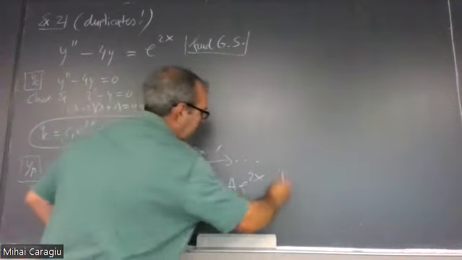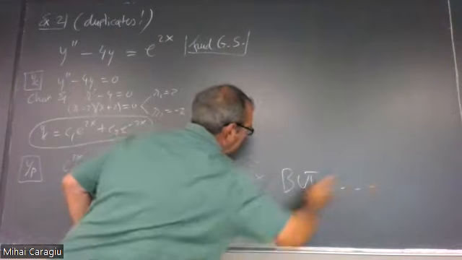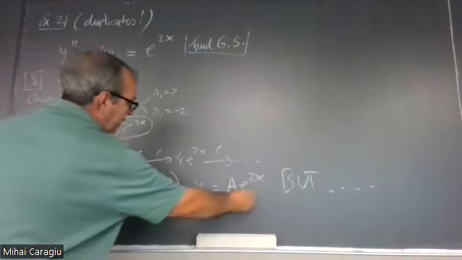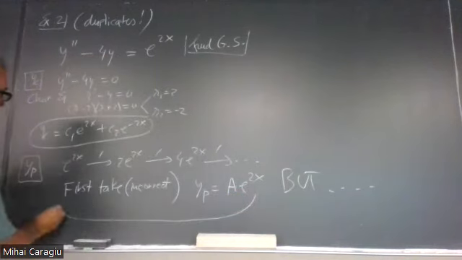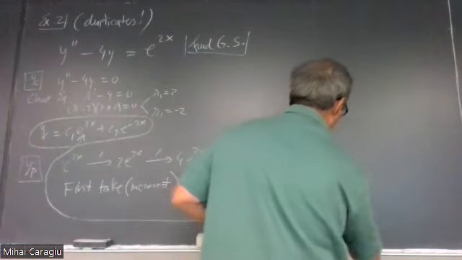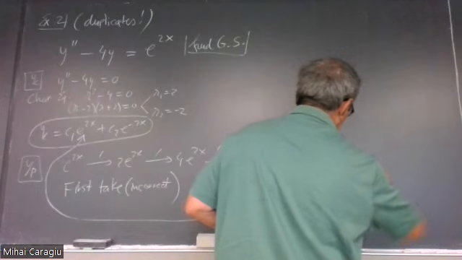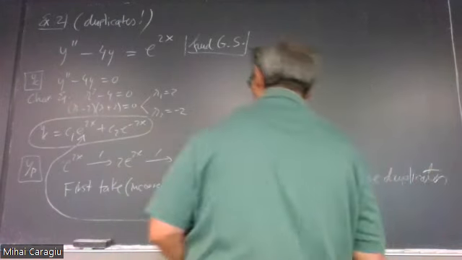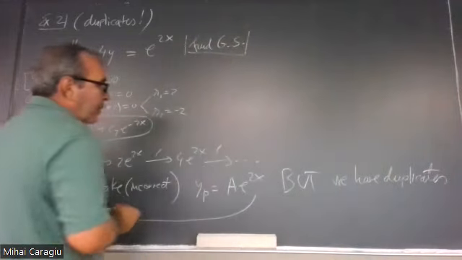But what happens? We have duplicates. This overlaps with a term in the general solution of the homogeneous one. So a e to the power 2x is not good.